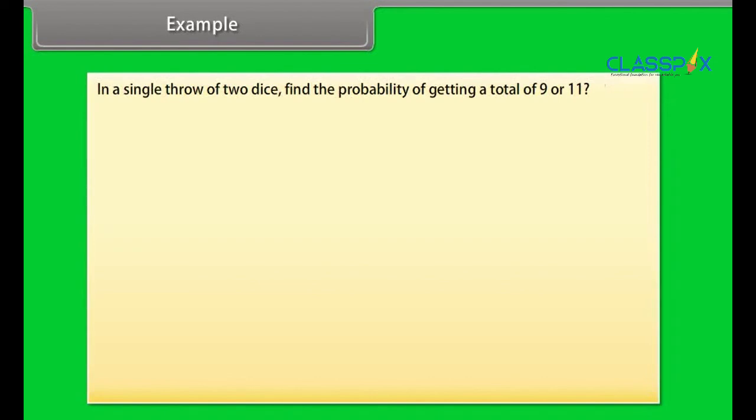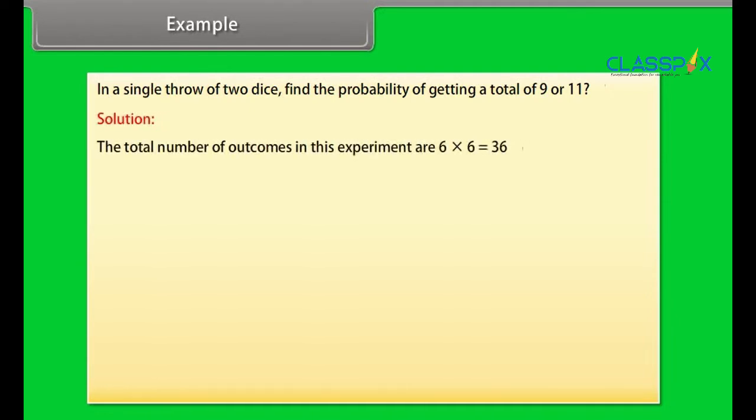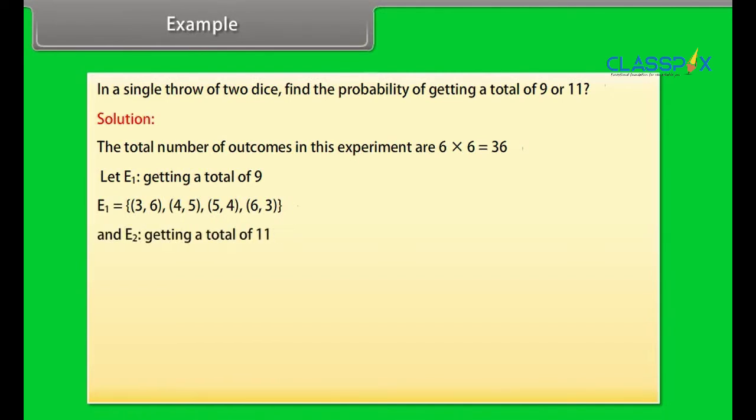In a single throw of 2 dice, find the probability of getting a total of 9 or 11. Solution. The total number of outcomes in this experiment are 6 into 6 is equal to 36. Let E1: getting a total of 9. E1 is equal to {(3,6), (4,5), (5,4), (6,3)} and E2: getting a total of 11.